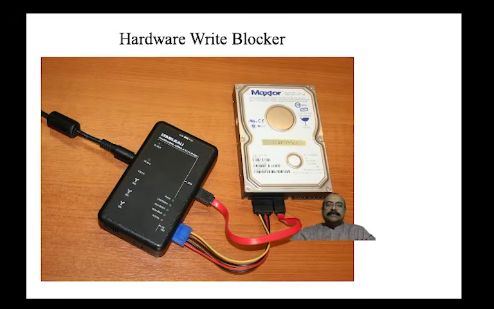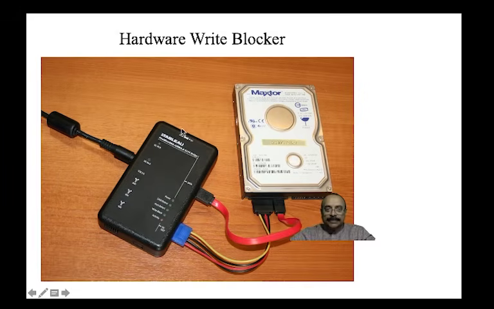In case a suspect hard drive is there, like 10-15 hard drives, of which I want to know which one is relevant, the imaging process takes a lot of time. So first I want to check whether it has my suspected data or not. This tool is called a hardware write blocker.